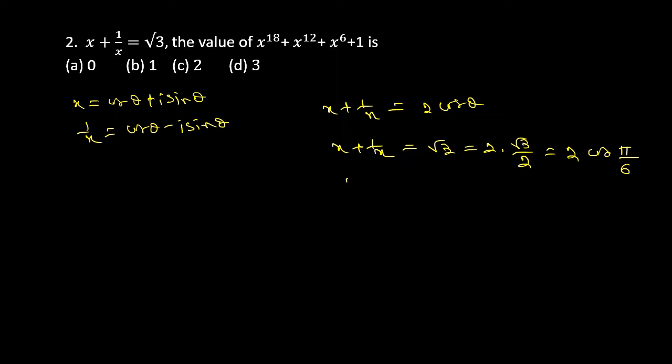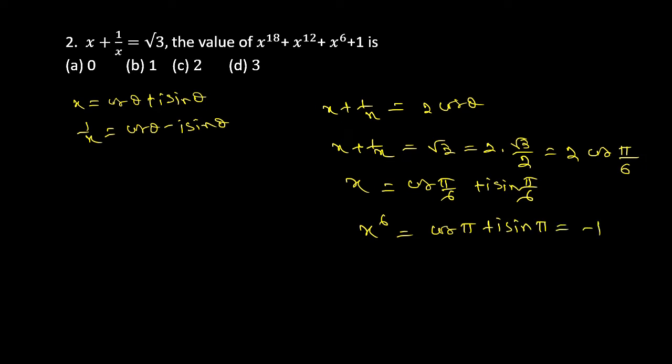So x is cos pi by 6 + i sin pi by 6. Then x to the power 6 will be cos pi + i sin pi, which means -1.